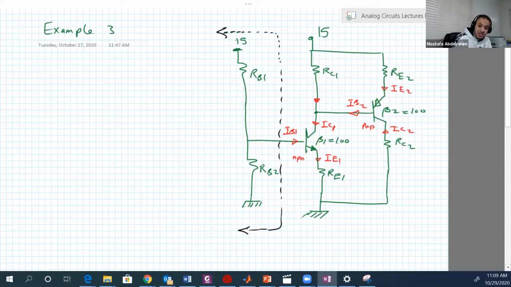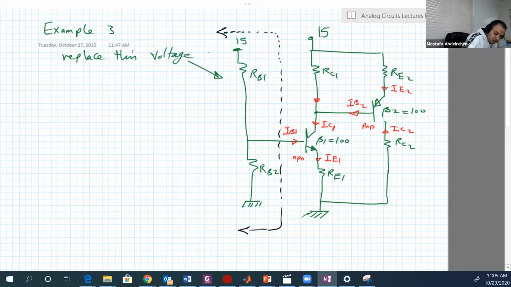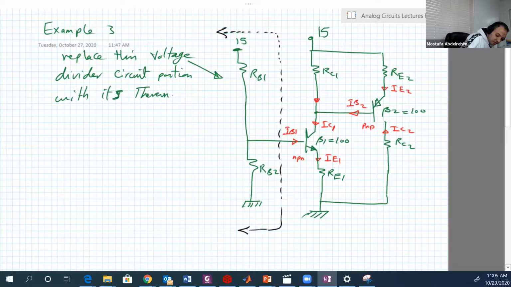We can replace this voltage divider circuit portion with its Thevenin equivalent, just like what we did last lecture.